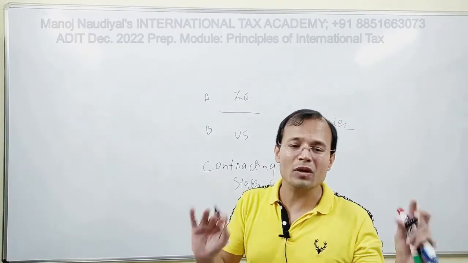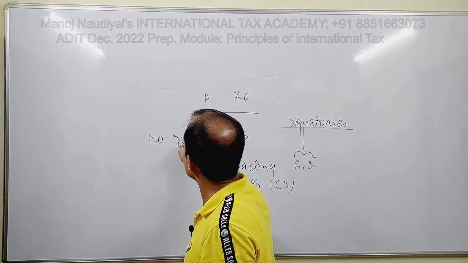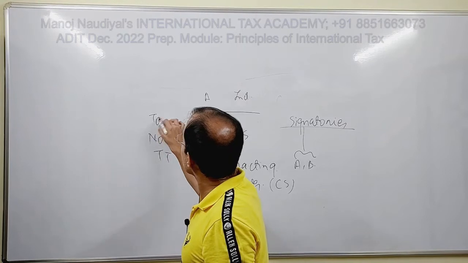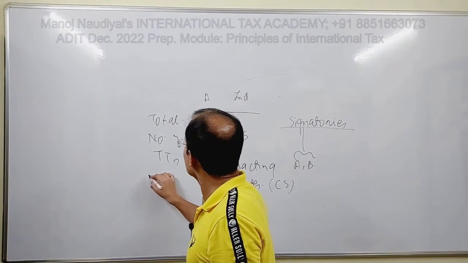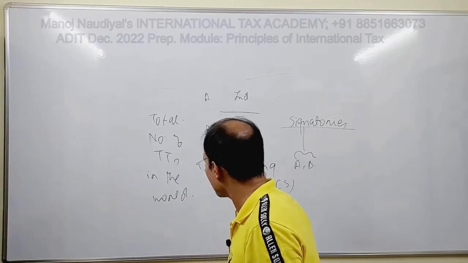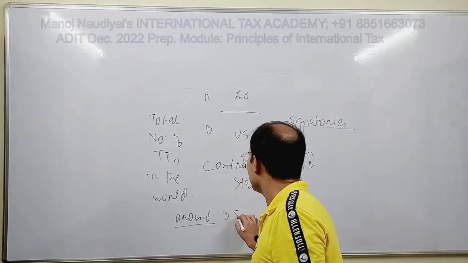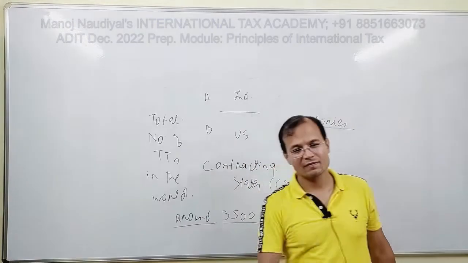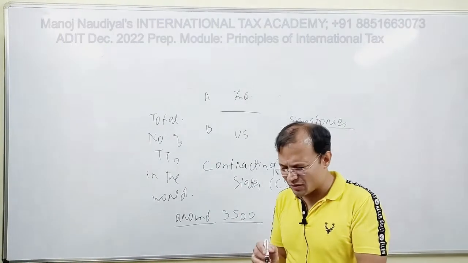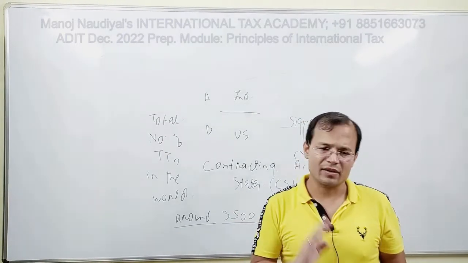You can say around 3,500. I think last time I checked it was 3,476, but I am not giving you the exact number. It's around 3,500.